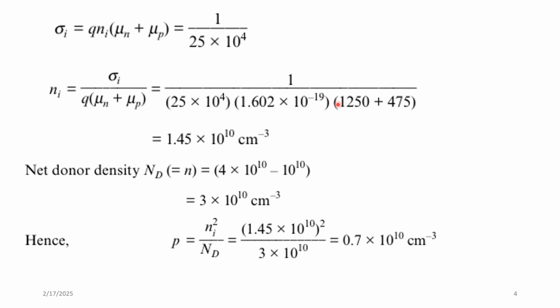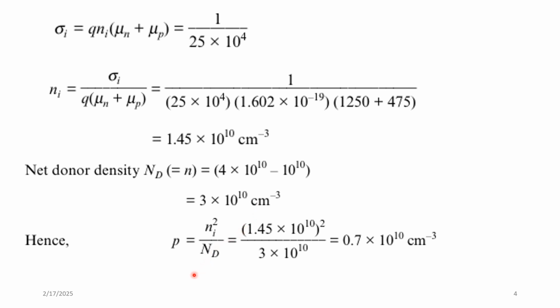Okay, so if you substitute these values, after simplification my answer is ni as 1.45 into 10 power 10 centimeter power minus 3. Now the net donor density Nd, which is n we have assumed, is equal to donor atoms minus the acceptor atoms, as given in the question. The difference between these two is 3 into 10 power 10 centimeter power minus 3.